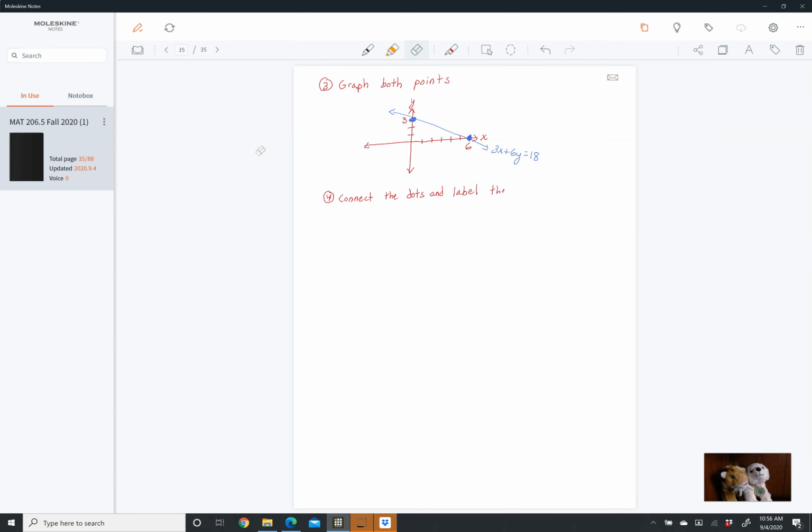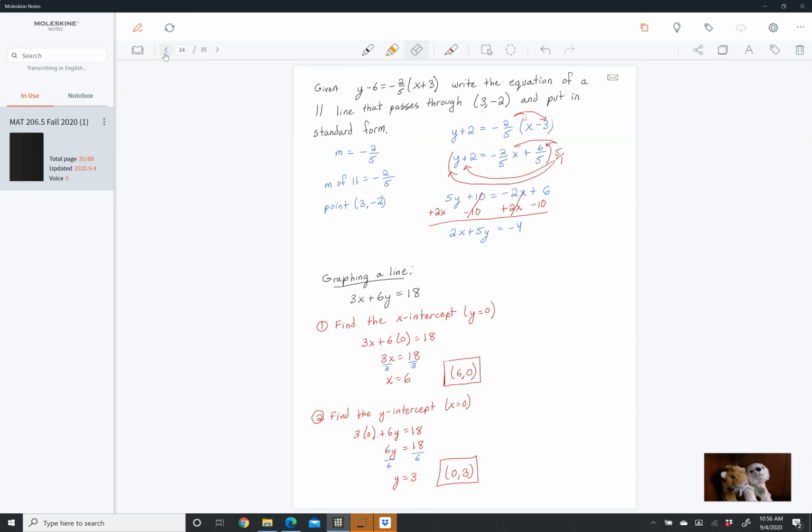It's not okay just to draw a random line. You have to show the points that it goes through. Okay. So I'm not going to do another one of these. I think this is a small point because there's so many different ways to graph the line. And we'll be doing more of this when we do the piecewise functions in just a minute. Okay. So just remember that this is one way to do it.